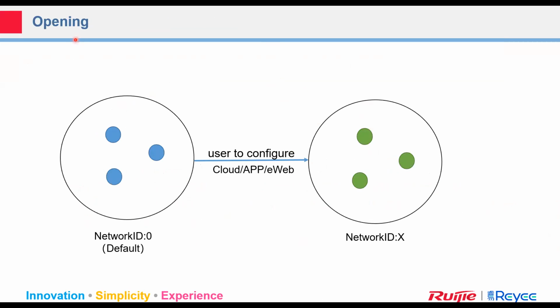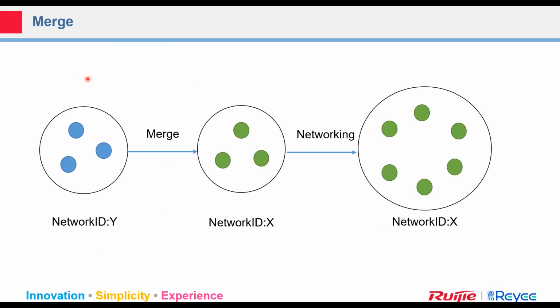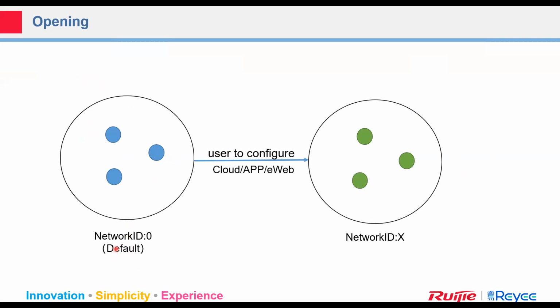Next, let me illustrate how the opening of the SON works. By default, the network ID is 0.